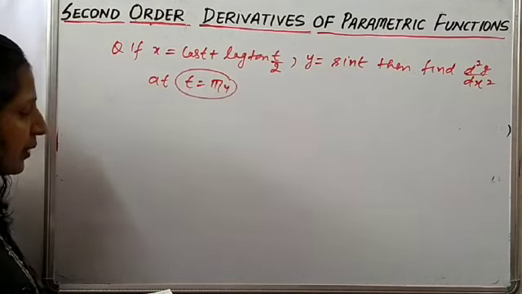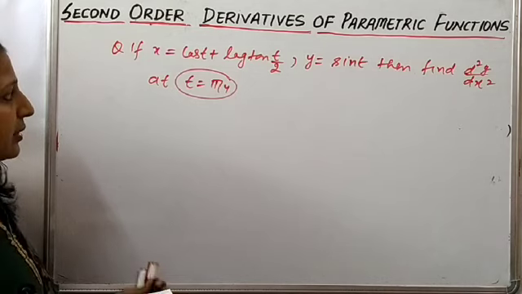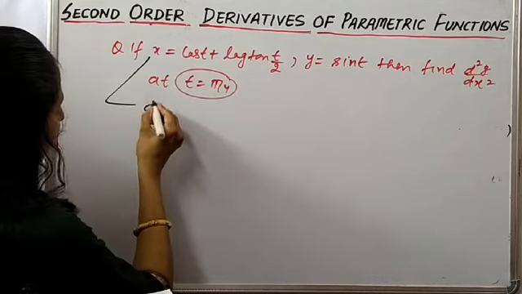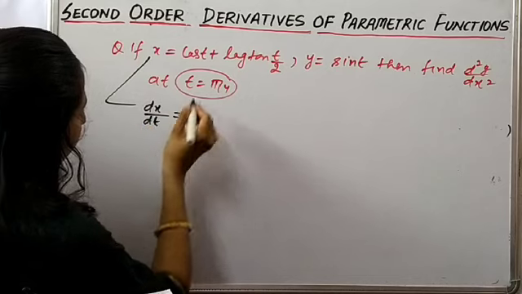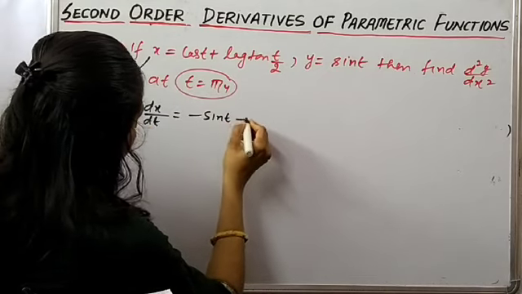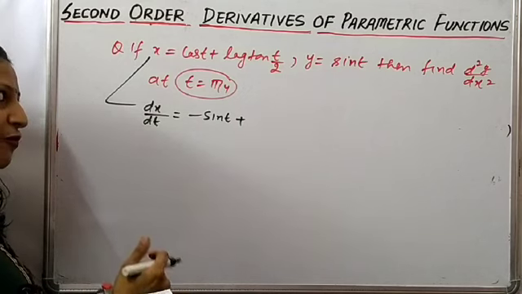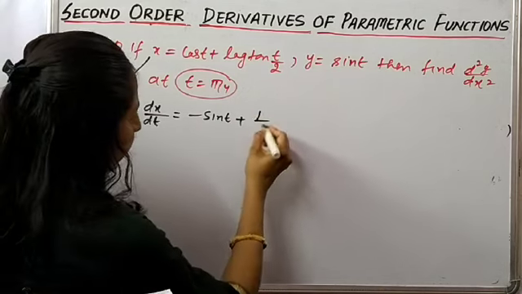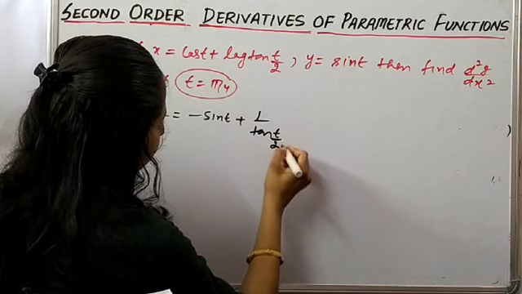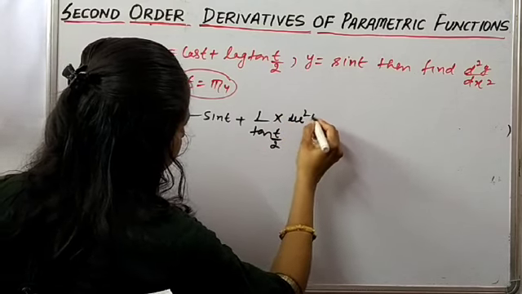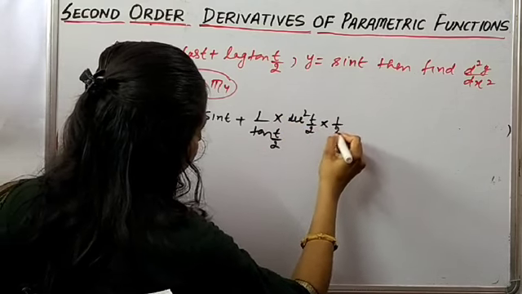Same question is here. So same procedure will be followed. First of all, dx upon dt, in order to find first order derivative: minus sin t, and derivative of log x we know 1 by x. So derivative of log tangent t by 2 will be 1 by tangent t by 2, and the derivative of tangent t by 2 is secant square t by 2, and then derivative of t by 2 is 1.